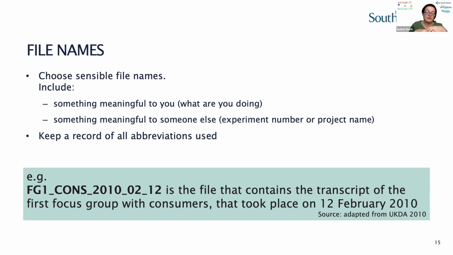If you didn't have the information that FG stood for focus group and cons stood for consumers, you'd maybe have to dig around a bit more, look at the contents of the file to work out what it was. But if there's a Readme file with it, you would have known that already.